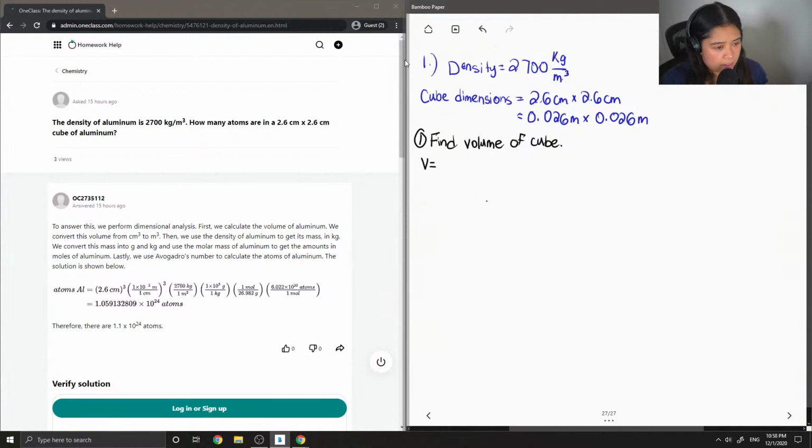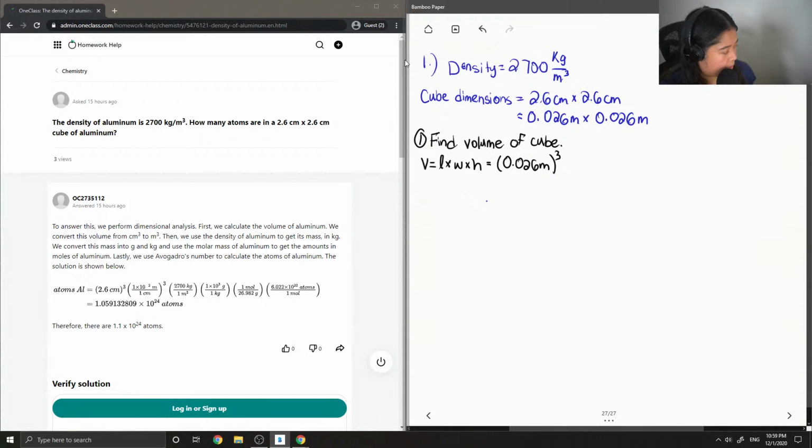Finding the volume of a cube is just length times width times height. Since we know the dimensions of the cube, which is 0.026 meters by 0.026 meters, the volume would just be 0.026 meters cubed.